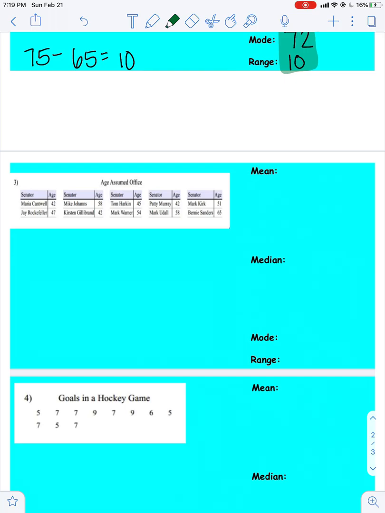Here we have data on senators on the age that they got into office.